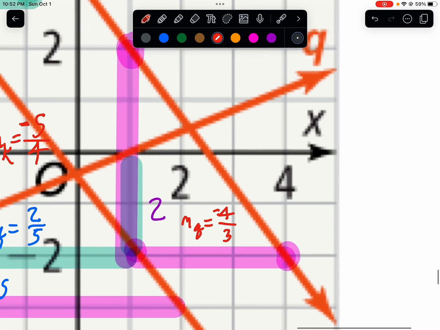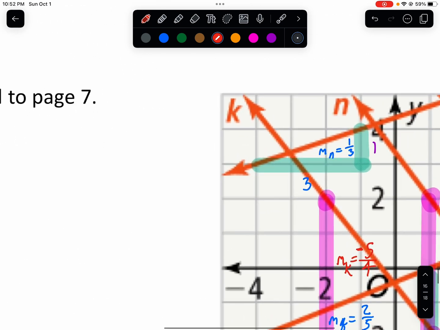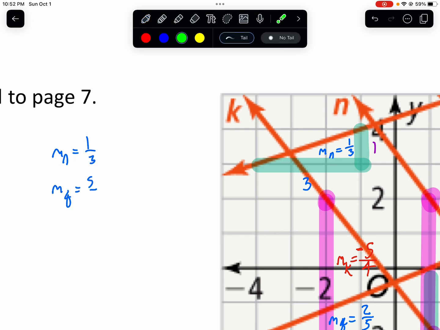Those slopes are not the same. If we take a look at our different slopes, I'm going to write the first two in blue. The slope of N is equal to 1/3. The slope of Q is equal to 2/5, not 5/2. 2/5. And then the slope of line K is equal to -5/4.